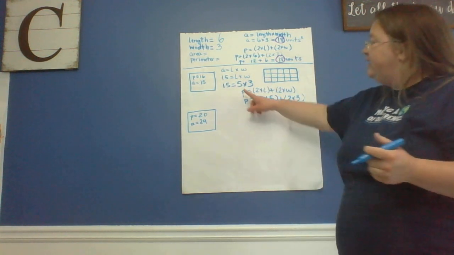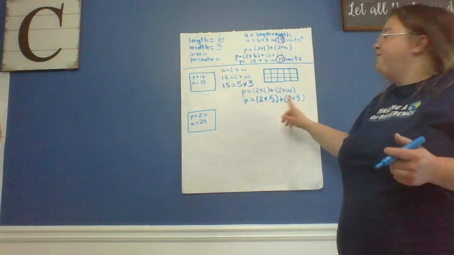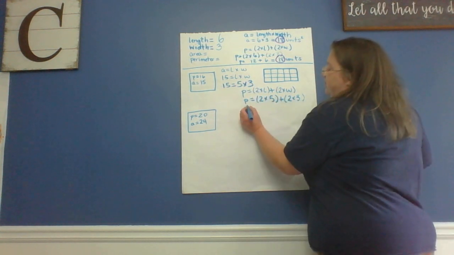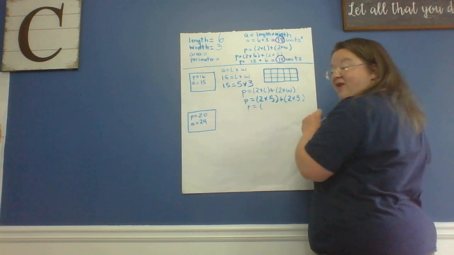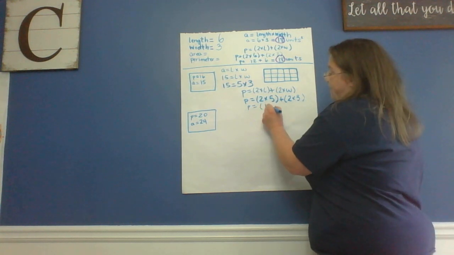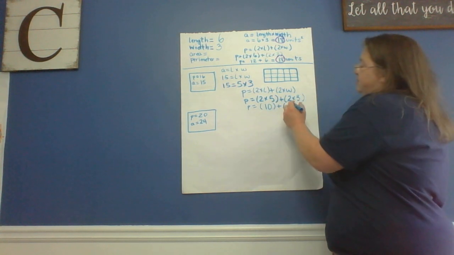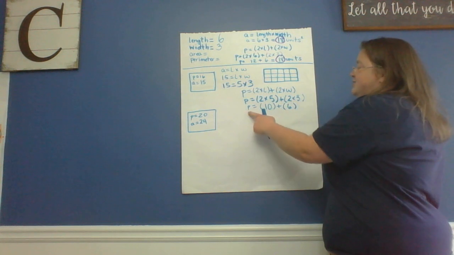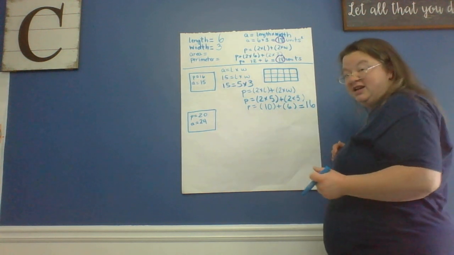Okay, so all I did was take the length that we found here and the width and stick them in this formula. So now next step would be perimeter is equal to 2 times 5, which is 10, plus 2 times 3, which is 6. So perimeter equals 10 plus 6, which equals 16.